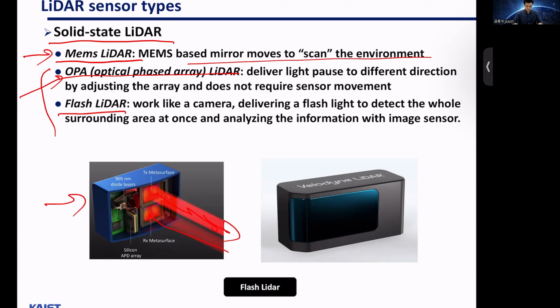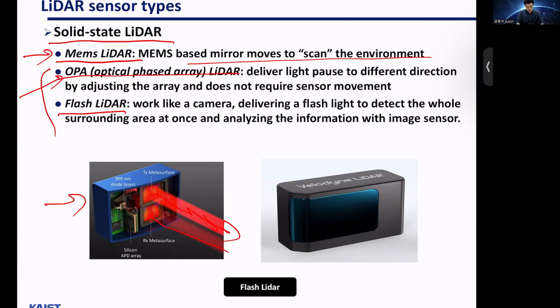So objects that are close to the lidar can be accurately detected, but the maximum range of the light coming back tends to be short. So not very suitable for automotive applications.